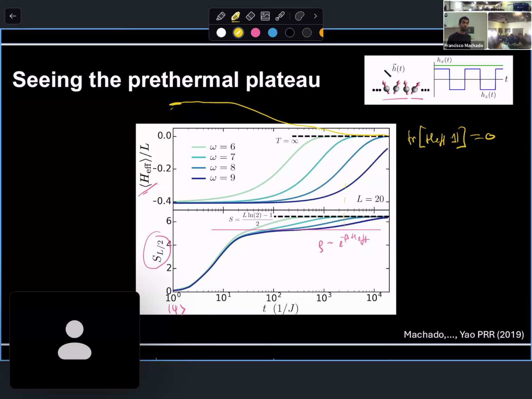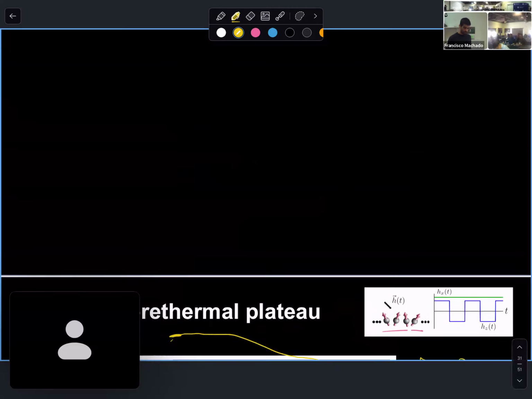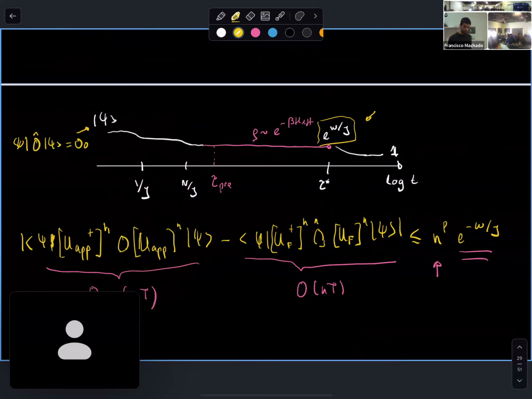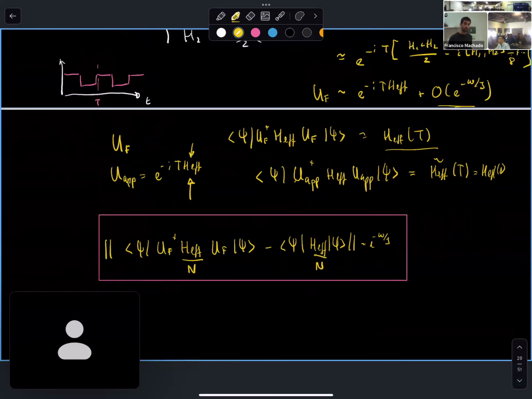This slope. You should think that from this particular statement, if you look in a lin-lin plot, it looks like it's linear. So every period you heat up a little bit, and that is exponentially small.